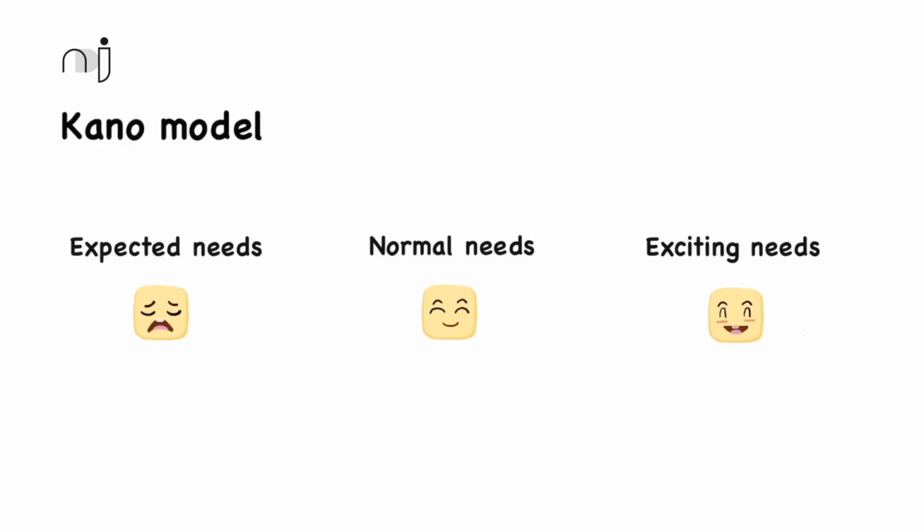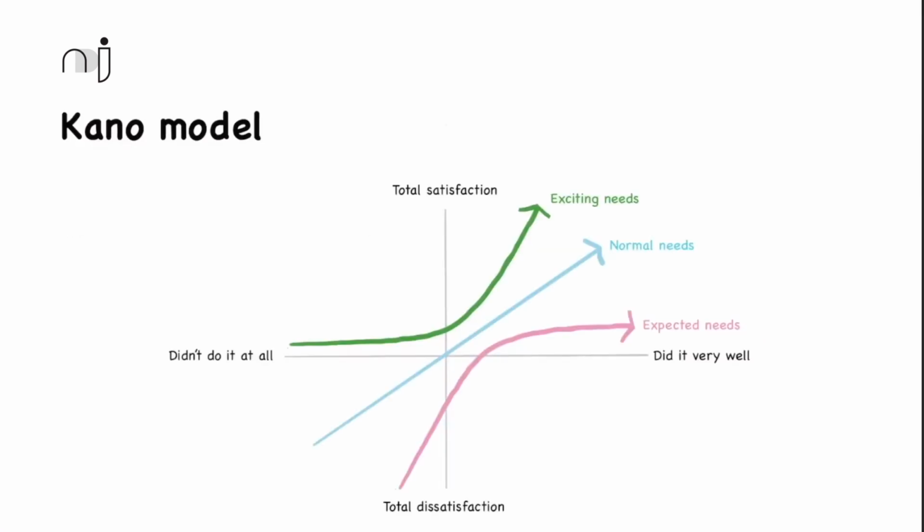Finally, exciting needs, also known as delighters, go beyond users' expectations, and their absence doesn't result in dissatisfaction. Customer satisfaction and perception of product quality increase as the product moves from expected to normal to exciting needs. By classifying features this way, we can prioritize them based on the impacts they have on users' satisfaction and delight.